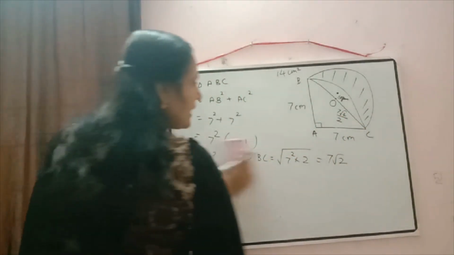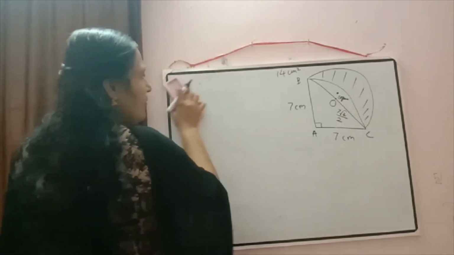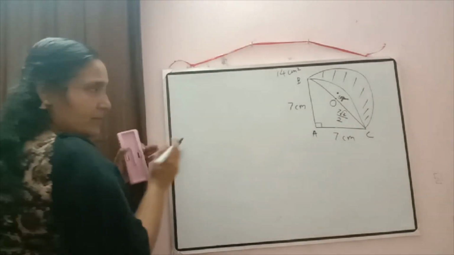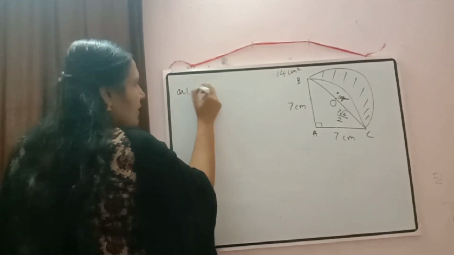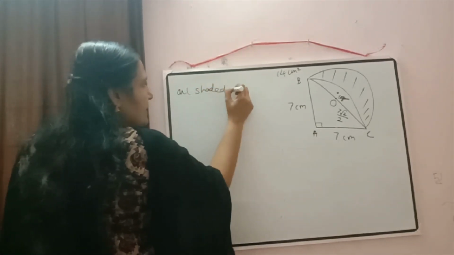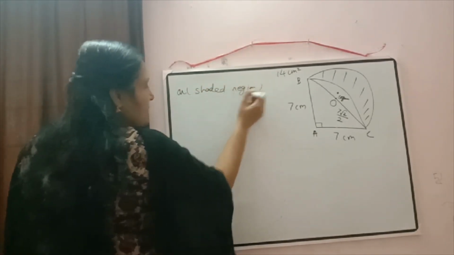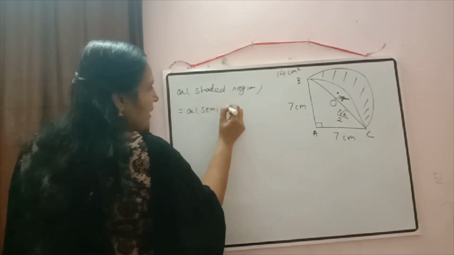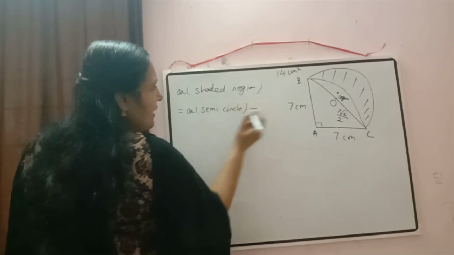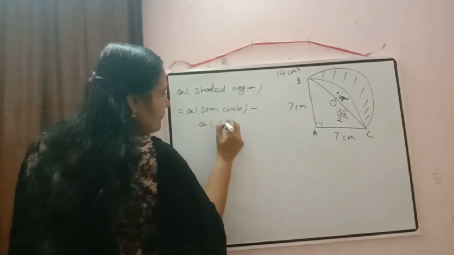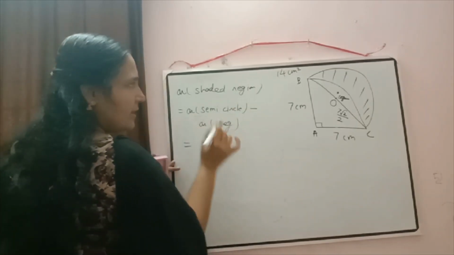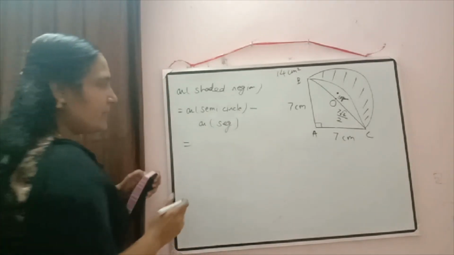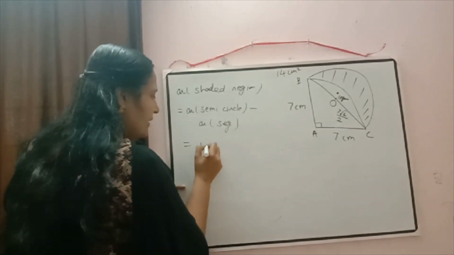Now write down there. Area of shaded region is equal to area of semicircle minus area of segment. Area of semicircle formula is half pi r square.